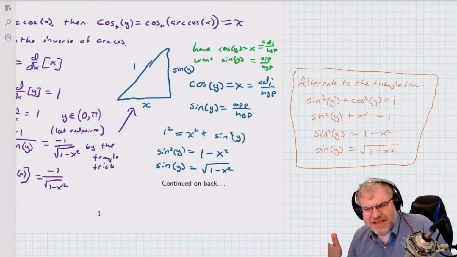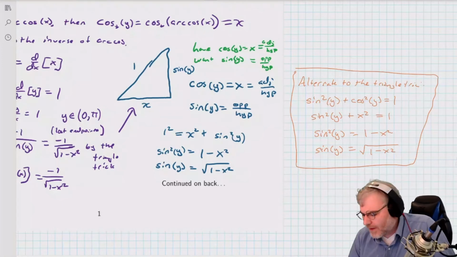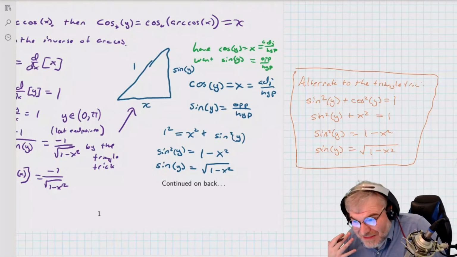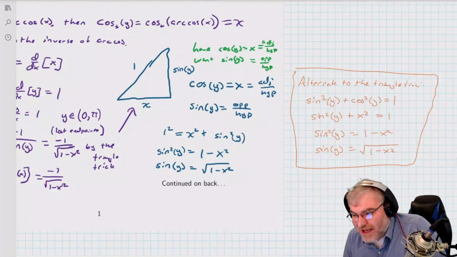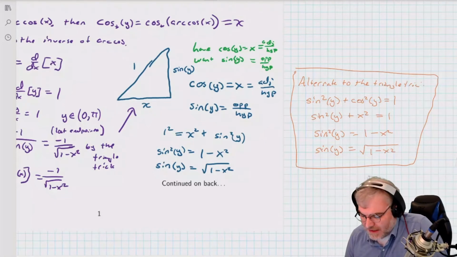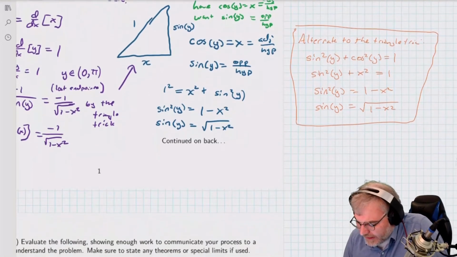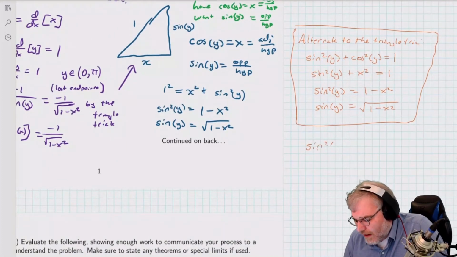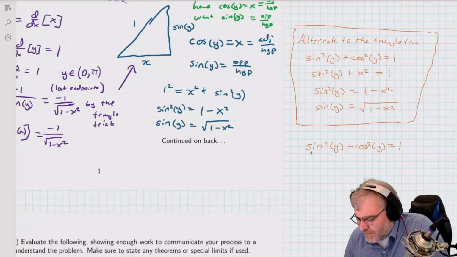Sine squared plus cosine squared, I got that. It's a triangle. But the other ones, I either have to look it up or derive it for myself. And I can. I can sit up here and go sine squared y plus cosine squared y equals 1. I divide through by sine squared, and that gives me one of them.